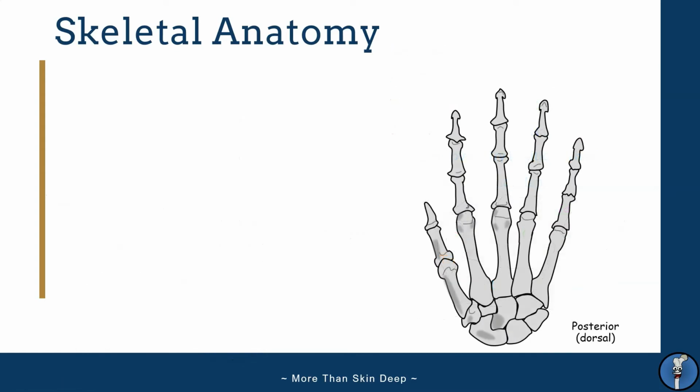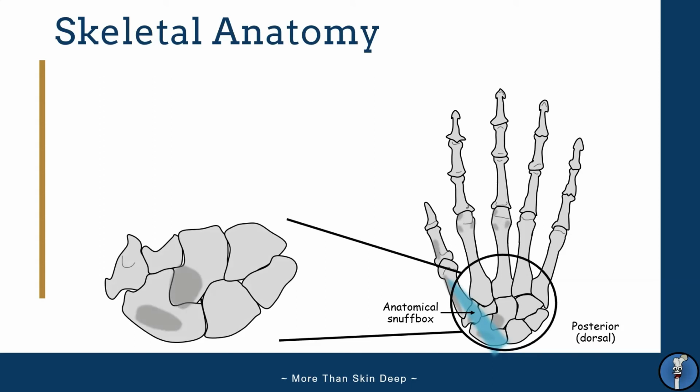Now we'll look at the hand from a posterior view. Here's our anatomical snuff box, which we saw is bounded by our thumb extensor tendons. And we'll take a closer look at the carpal bones. The first thing we'll notice from this side is that our pisiform isn't noticeable, as it's only on the anterior surface of the hand.